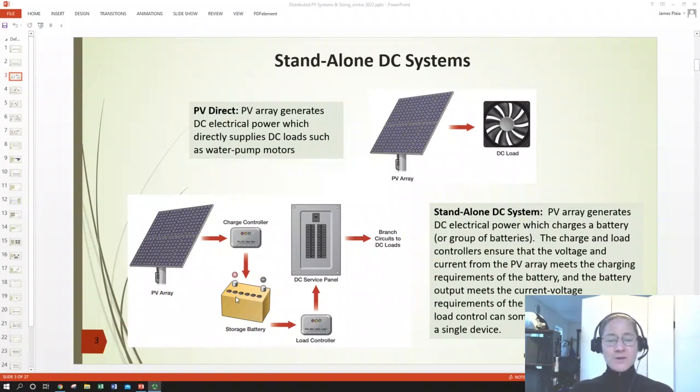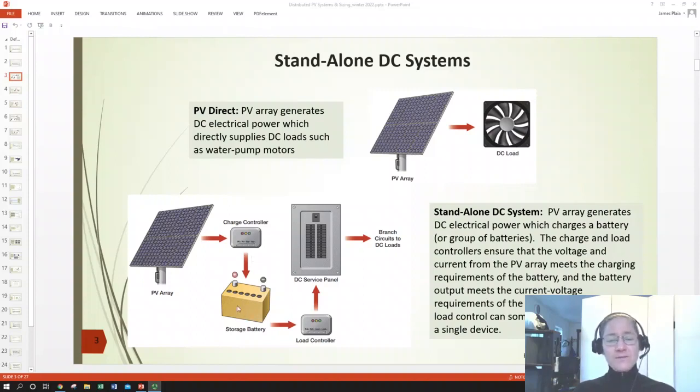But electrochemical systems can only accept electrical energy and convert it to that chemical energy so fast. And if you try to give your battery system too much energy too quickly, it will find another electrochemical reaction to accept it that you might not have wanted, like hydrogen generation. So the charge controller ensures that that doesn't happen.